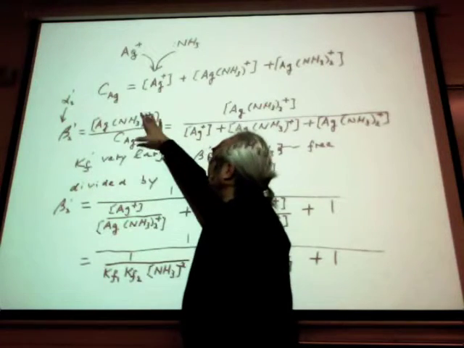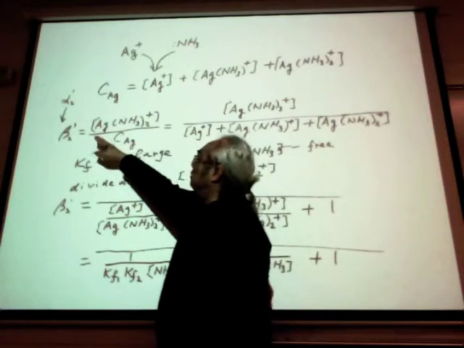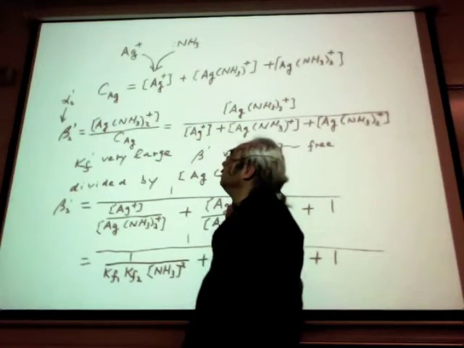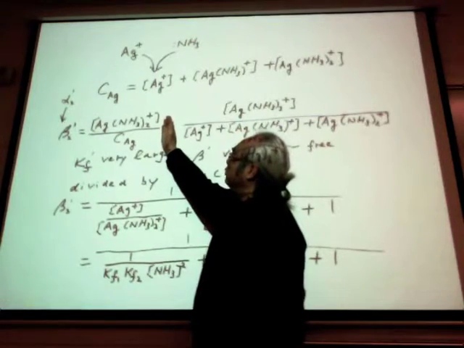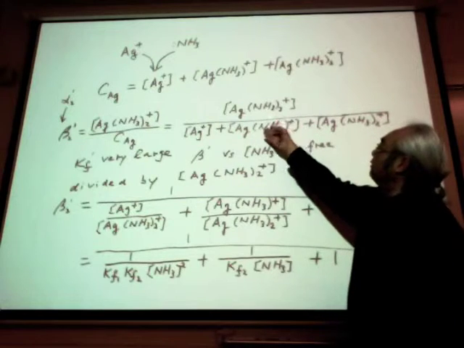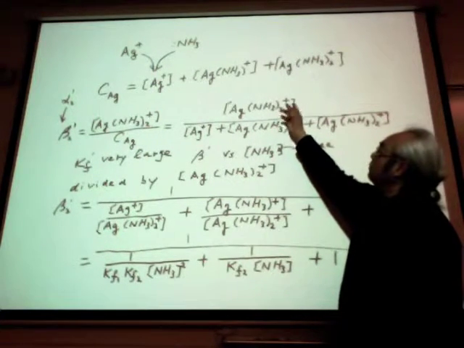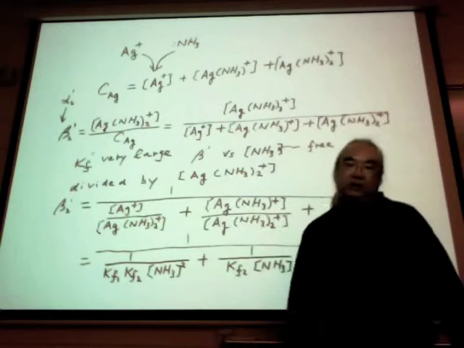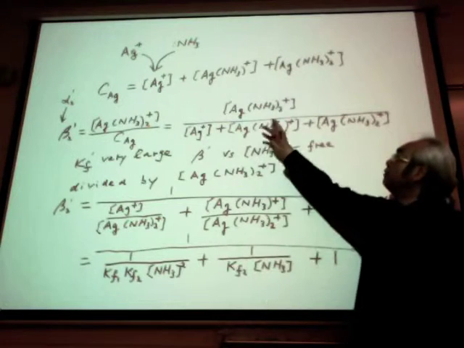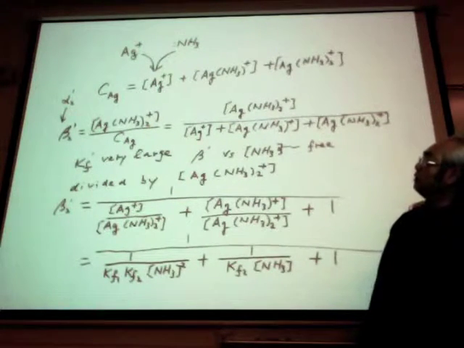Prime is defined as the fraction, the fraction of this to the total. So that is the definition. The detail is here, the second complex. If this is what you are interested in, it's the fraction to the total. Okay, so this is the longer definition.